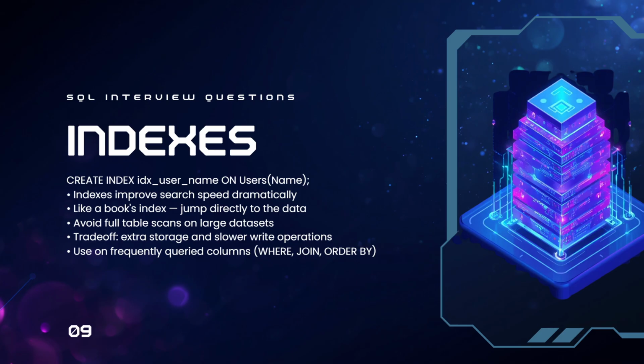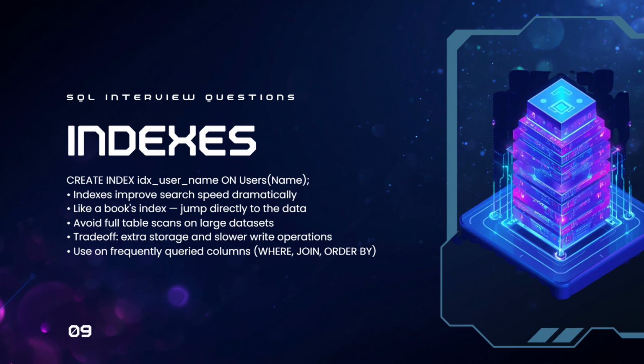Now let's talk about index. An index is used to improve the speed of data retrieval. Think about searching for a word in a dictionary. Instead of checking every page, you directly go to the right section. That's exactly what an index does in a database. It helps SQL find the data much faster.